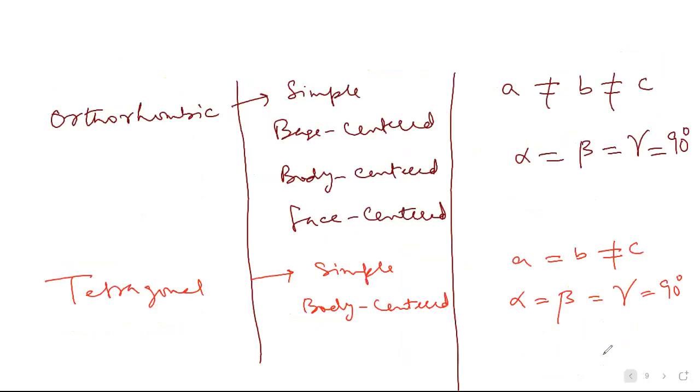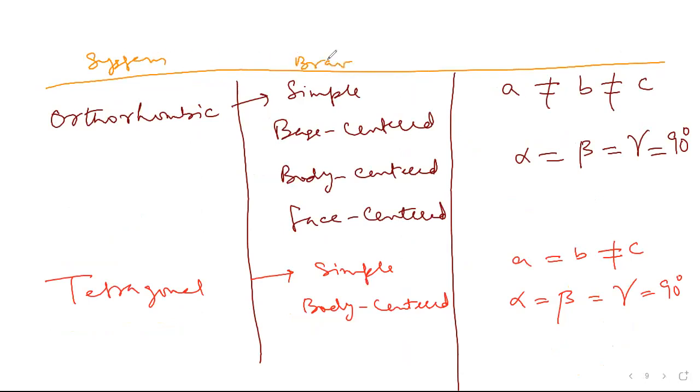Let me move to another page. So this was system, Bravais lattice, and unit cell characteristics.